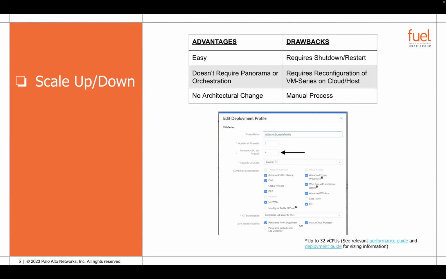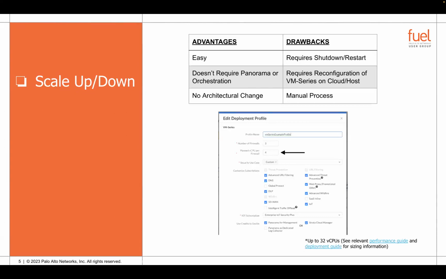This is good from a scale perspective because it doesn't require any architectural changes, but it is a fairly manual process. There's some automation that you could apply to it, but for the most part, there are some manual steps.